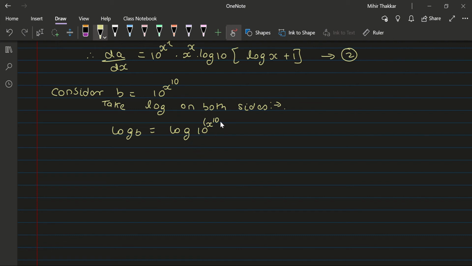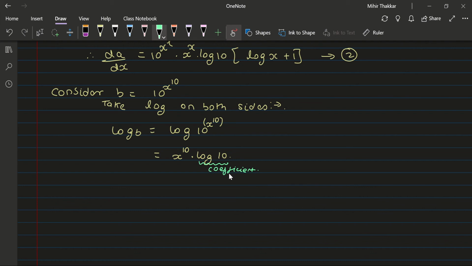So with the property of log, I can take this element behind over here. So this becomes x raised to 10 multiplied by log 10. Now what happens over here is, because log 10 is a constant, we consider this entire term as a coefficient element. Why we consider it as a coefficient?